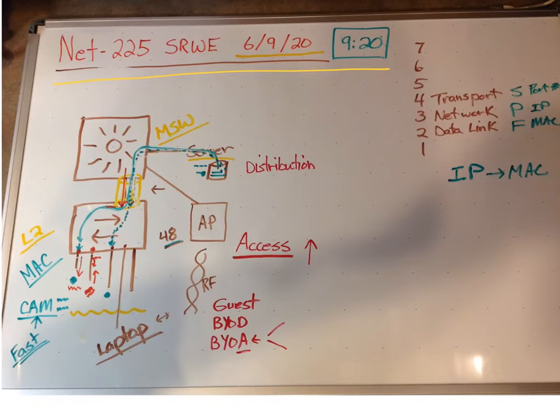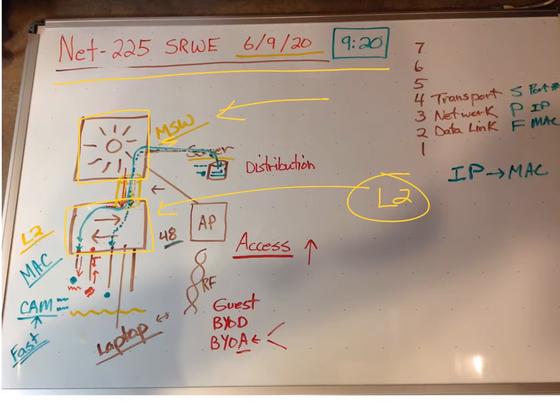So then we looked at our environment, and we talked a little bit about switching fabric. We have a multi-layered switch here, and we've got a layer 2 switch, and this was a multi-layered, but we're using them just as layer 2 switches right now.